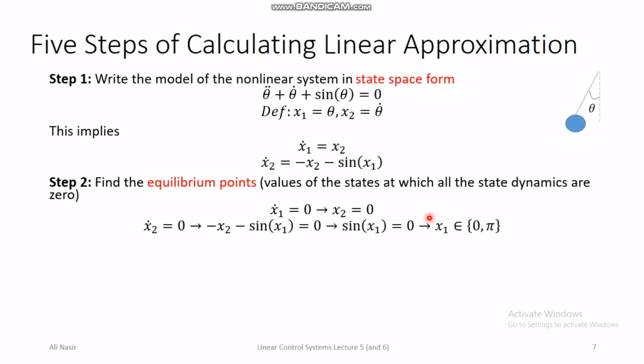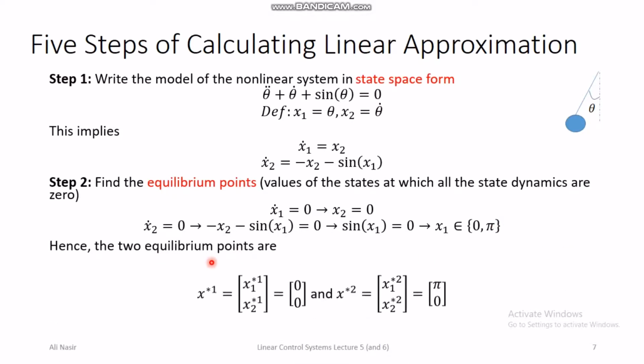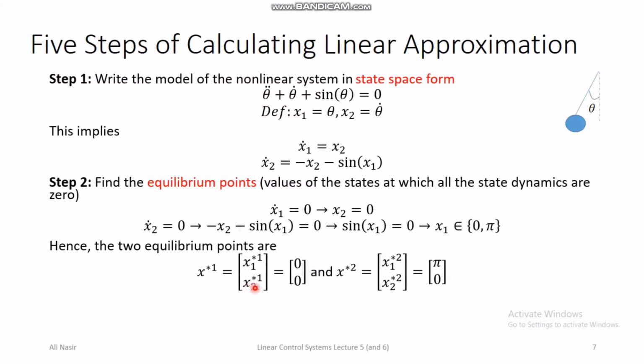So sine of x1 will be 0 if x1 is 0 or pi, and hence there will be two equilibrium points. The first equilibrium point will be 0 0, where x1 and x2 both are 0, and the second equilibrium point will be pi 0, where x1 is equal to pi and x2 is equal to 0.